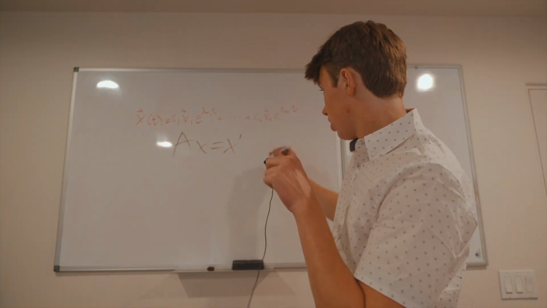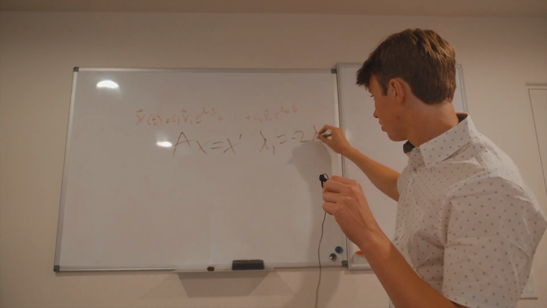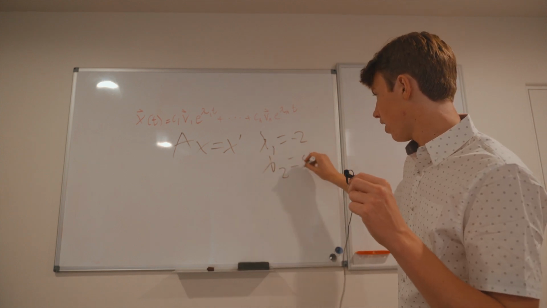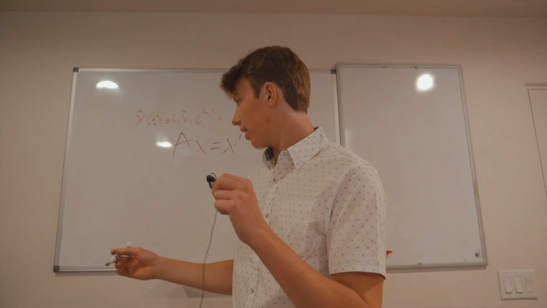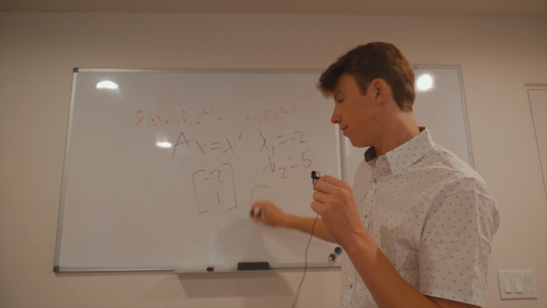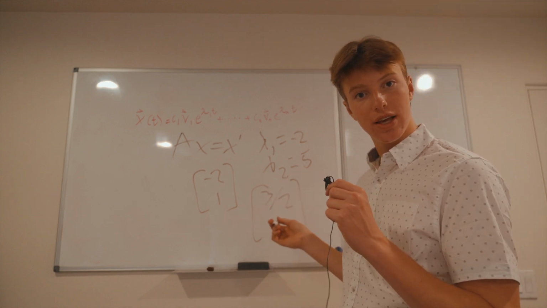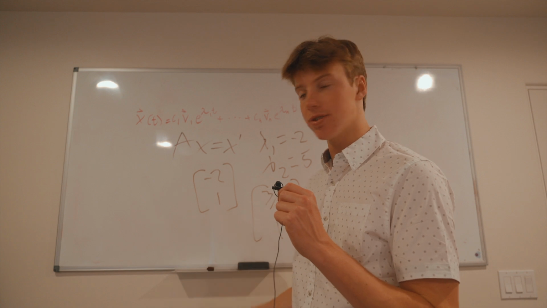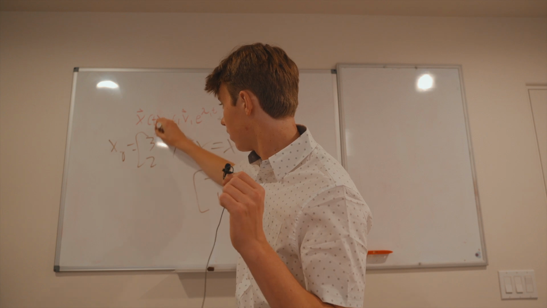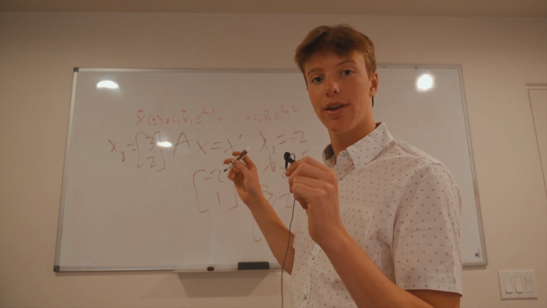Okay, so just to review, we have lambda 1 is equal to negative 2, lambda 2 equal to 5, and eigenvector 1 is equal to negative 2, 1, and eigenvector 2 is equal to 3 over 2 and 1. So with these eigenvalues and with these eigenvectors and our x of 0 of 3, 2, we can create a matrix to find our constants C1 and C2.